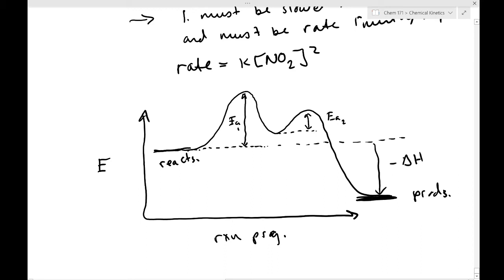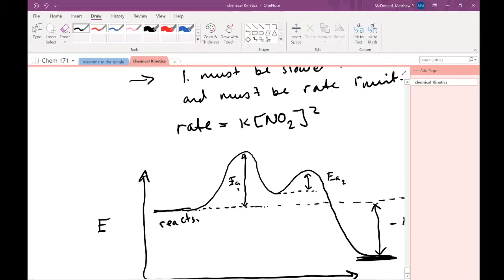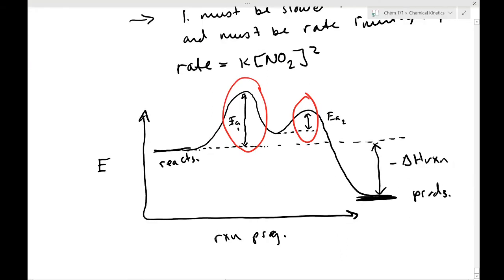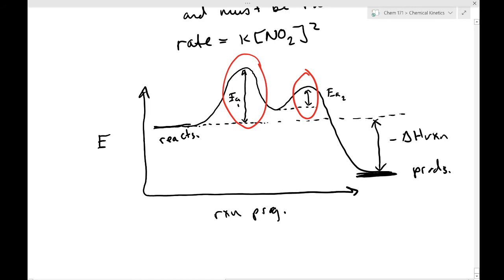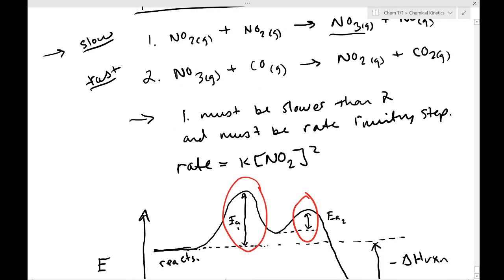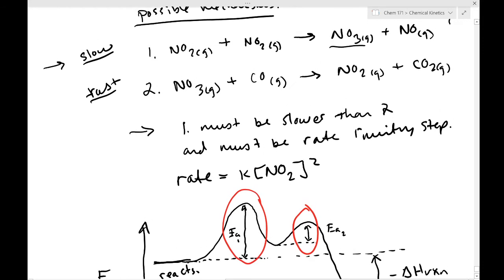The delta H for the reaction is the difference between these two. Because the activation energy for the first step is so much larger than for the second step, we can say that this graph is a pretty good representation for the reaction steps we've drawn above. We have a very slow process for the first step and a very fast process for the second step, relatively.